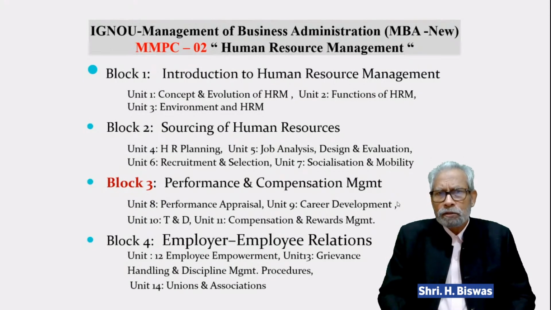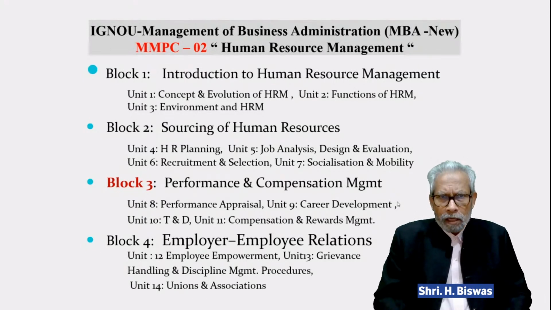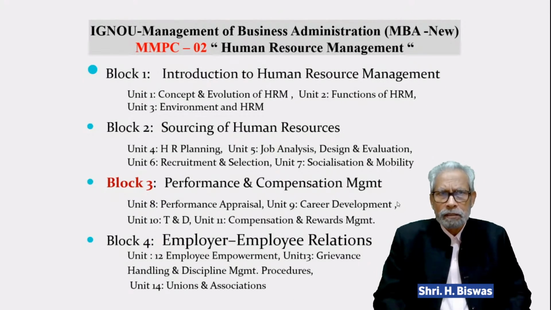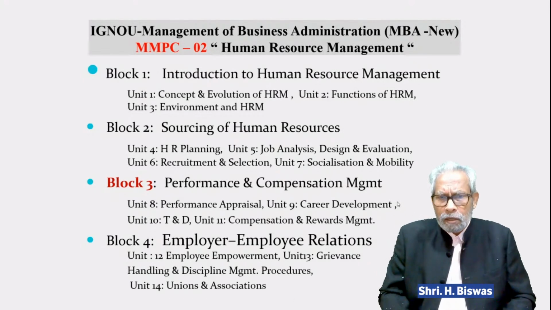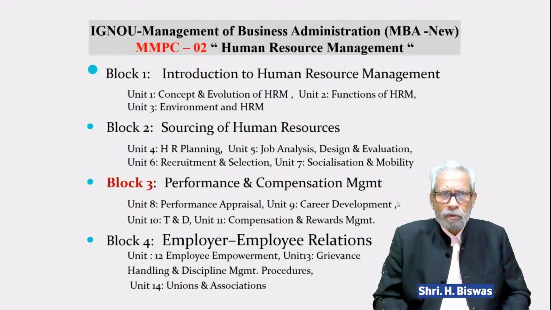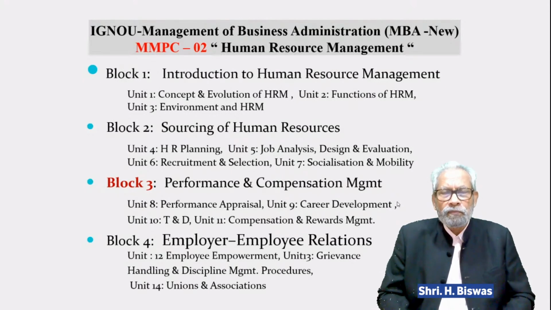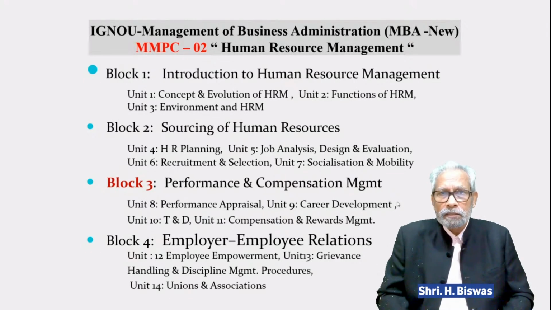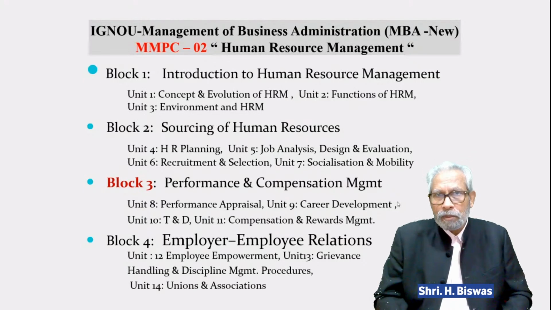That type of compensation package should be there so that employees can work happily and fulfill their family needs, their own development, whatever needs are to be fulfilled. So compensation is also a very important part that we have to discuss, and that is in unit number 11. At the same time, reward management also has to be there: what benefits the company can give for recognition. All these things are in unit number 11.